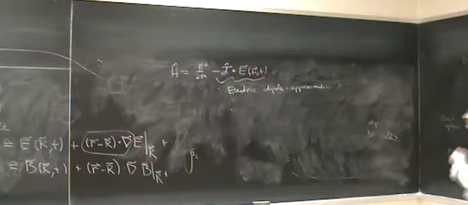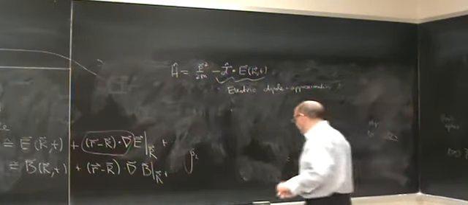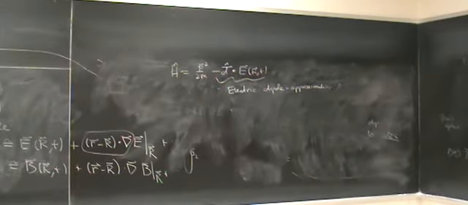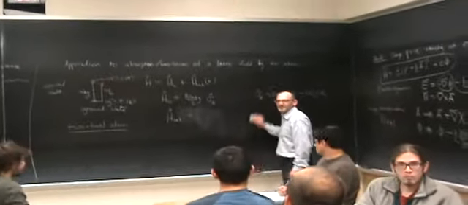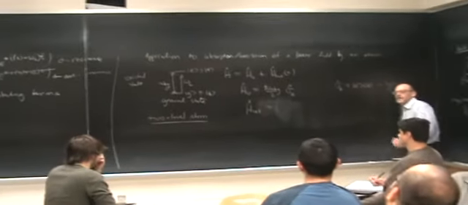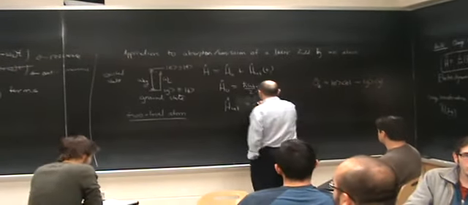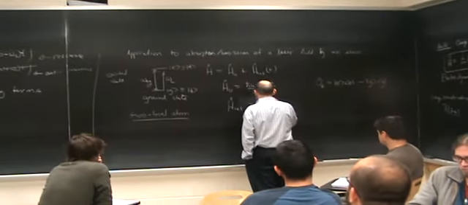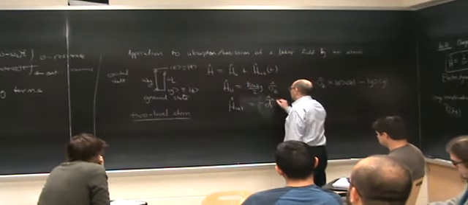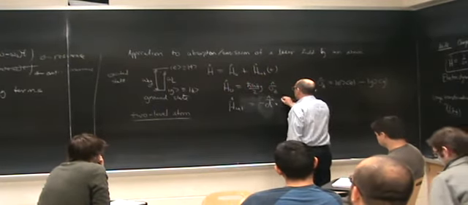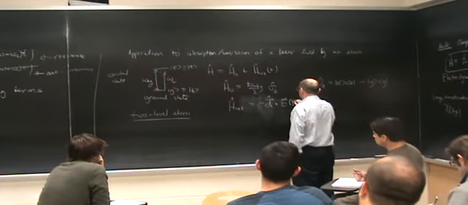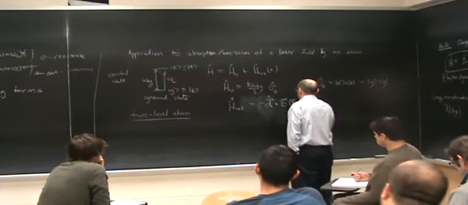So, let's go back to the backboard. We can now write down H_int. H_int is minus D dotted into the electric field at the position of the atom.